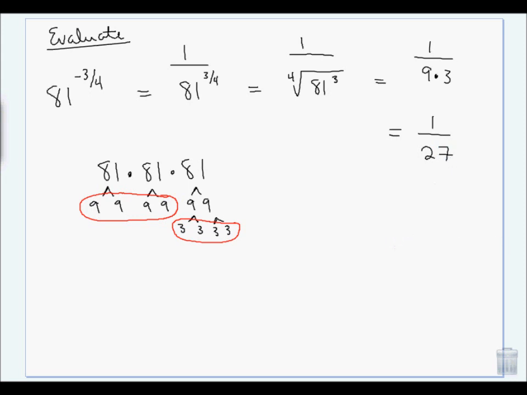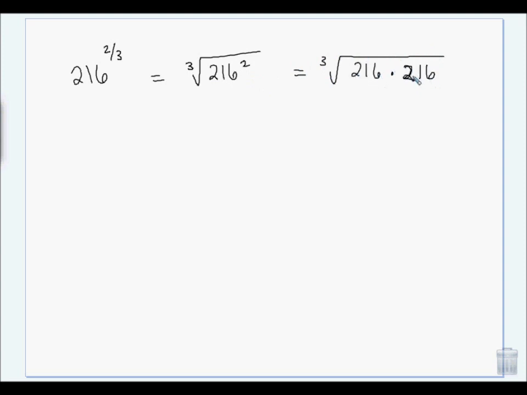Let's try 216 to the 2/3. Okay, this is the same as the cube root of 216 squared. And again, I'm not going to square 216 and then try to factor that giant number. I'm just going to factor it twice. It's just easier that way.